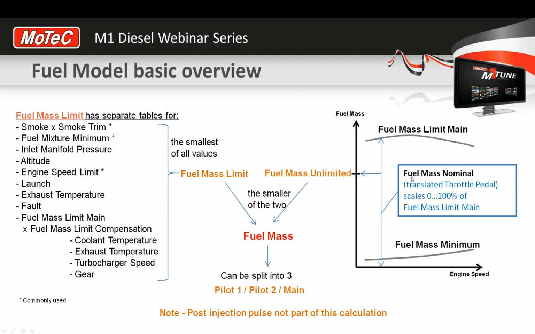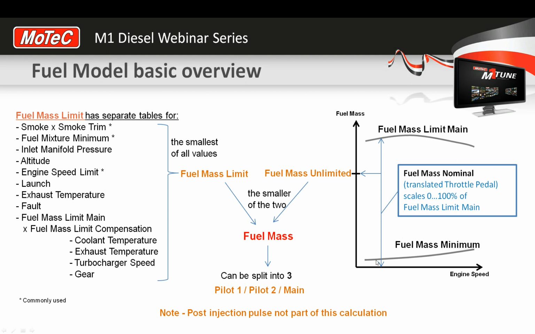So if that fuel mass nominal table just had a linear representation in it, as in zero pedal is 0% and 100% pedal is 100%, what that would then do is basically scale that fuel mass limit number between 0 and 100.